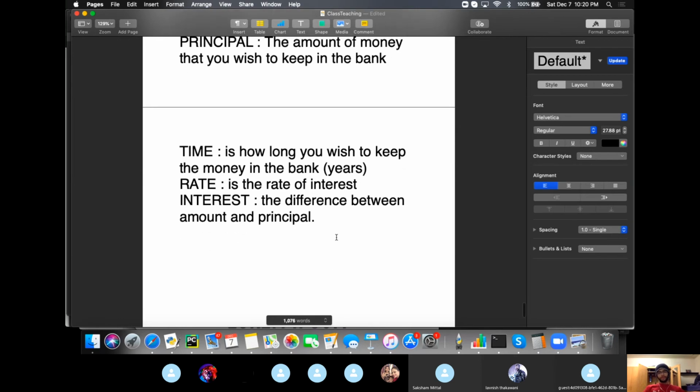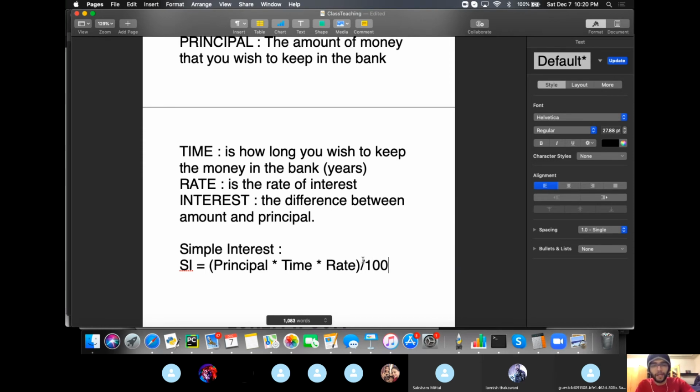Now let us look at simple interest. The formula for simple interest is simple interest equals principal multiplied by time multiplied by rate, entire thing divided by 100.